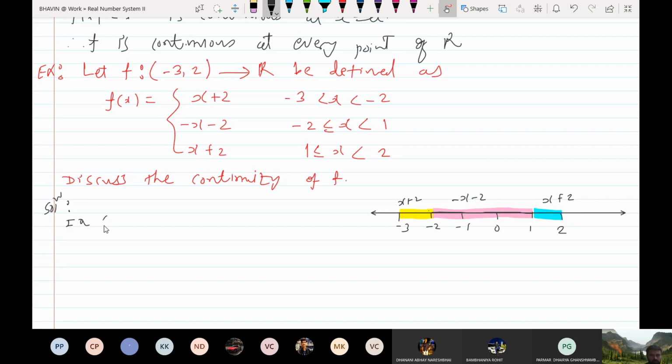Therefore, in this interval minus 3 to 2, minus 2 to 1 and 1 to 2, f(x) is a polynomial.